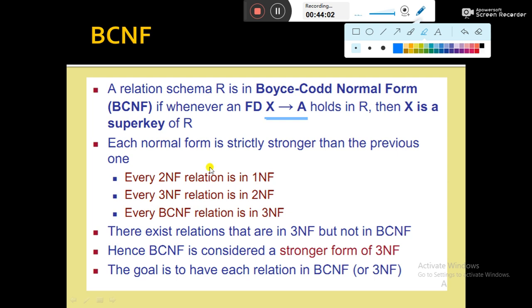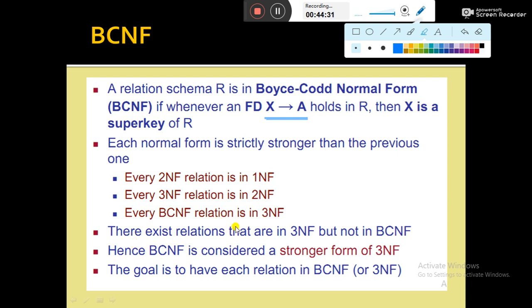If a relation is in 3NF, then it must be in 2NF, and as it is in 2NF, it must be in 1NF also. Similarly, if a relation is in BCNF, then it must be in 3NF, and in turn in 2NF and 1NF. So each form is stricter than its previous one.